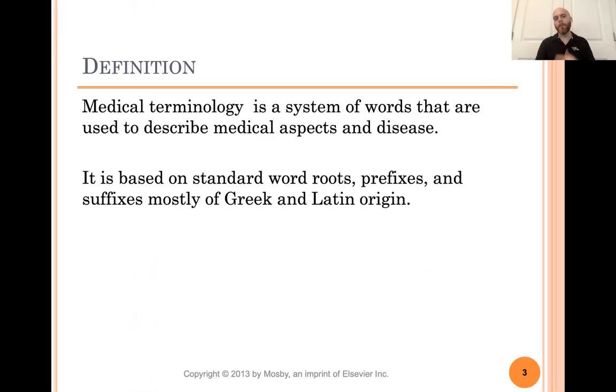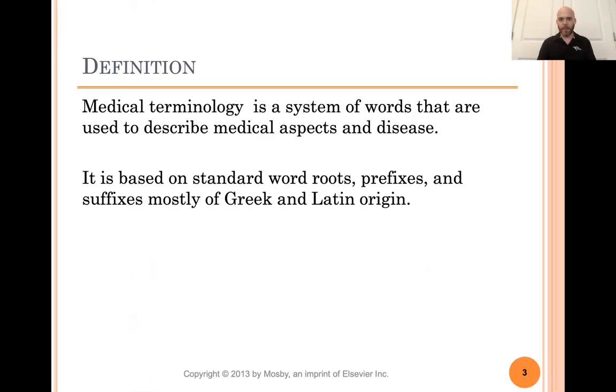Most of the words that make up the medical field, medical words, names of diseases, names of procedures, are based on Greek and Latin words.